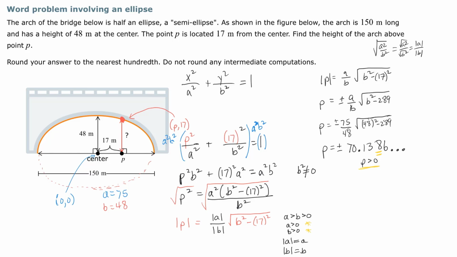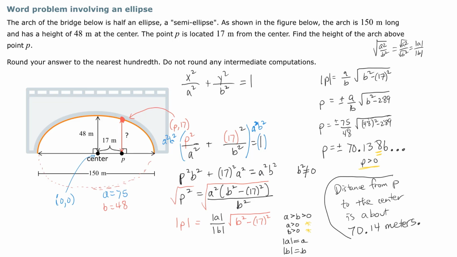And let's say that the distance from p to the center is about 14 meters. Don't forget your units. I am going to go ahead and circle the final answer.